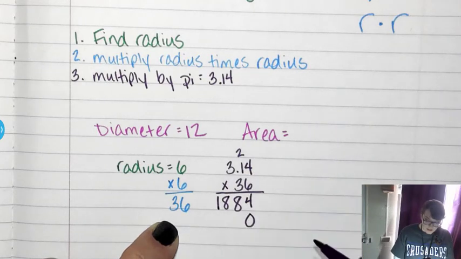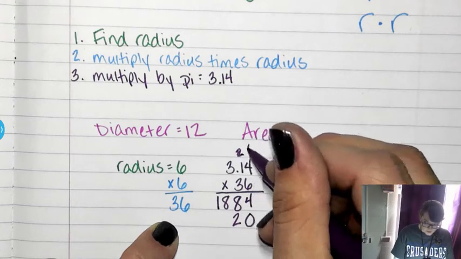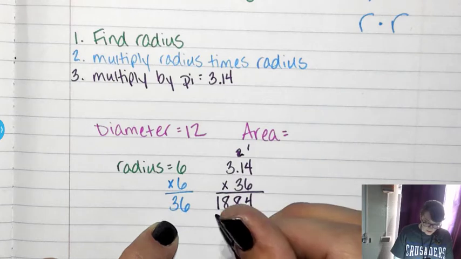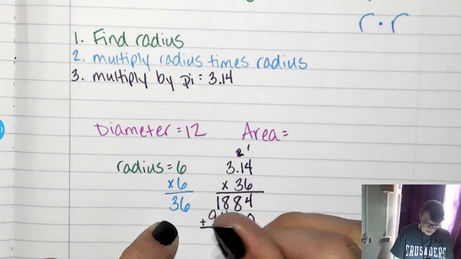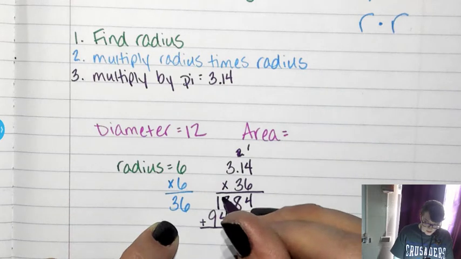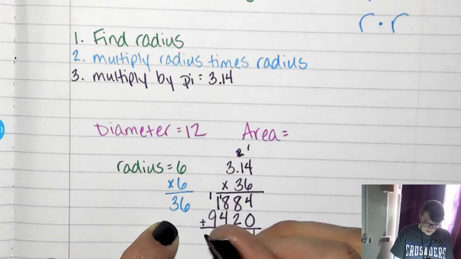Put a 0 on the second line. 3 times 4 is 12. 3 plus 1 is 4. 3 times 3 is 9. Add it up.